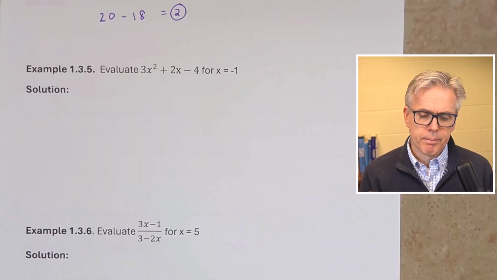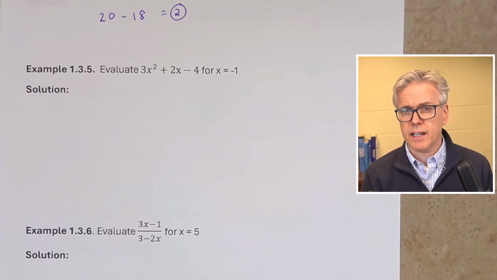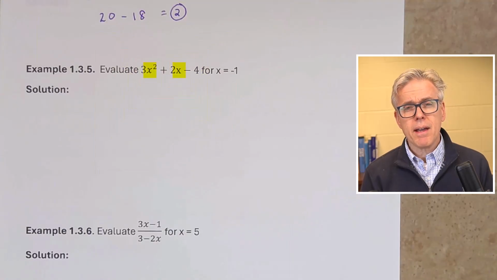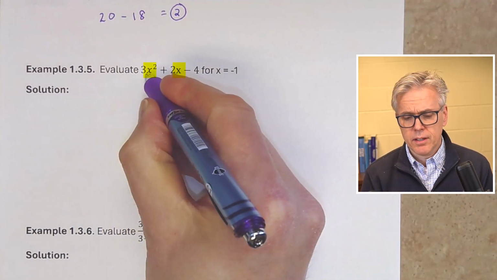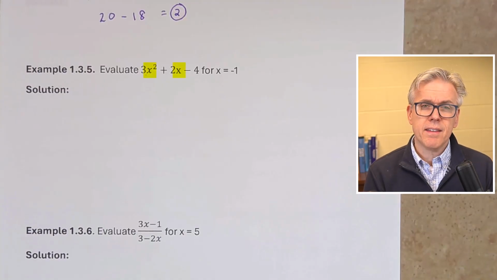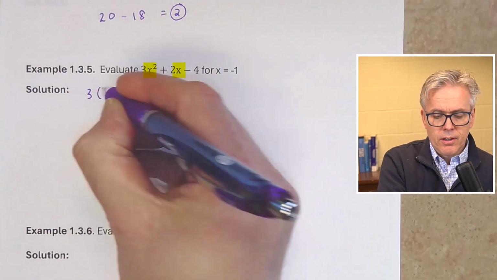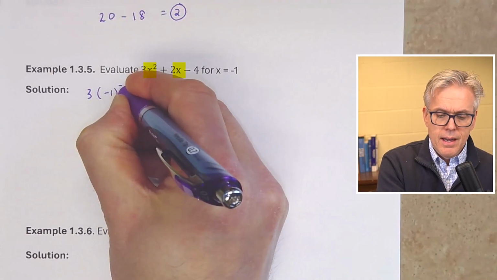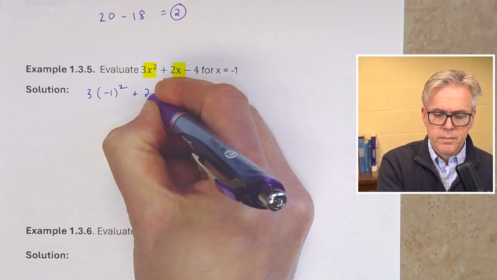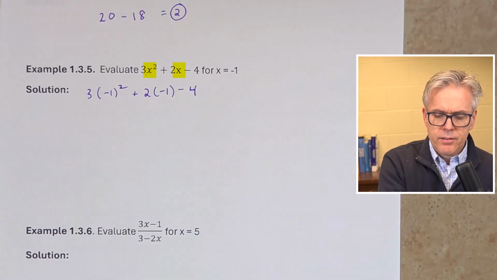Okay, this next example. Evaluate 3x squared plus 2x minus 4 for x equals negative 1. Well, now we have x showing up in two different places. So we're going to have an x here and here. And so we're going to plug in the negative 1 wherever we see the x. And so everybody should have this on their paper. So 3 times (negative 1) squared plus 2 times negative 1 minus 4.